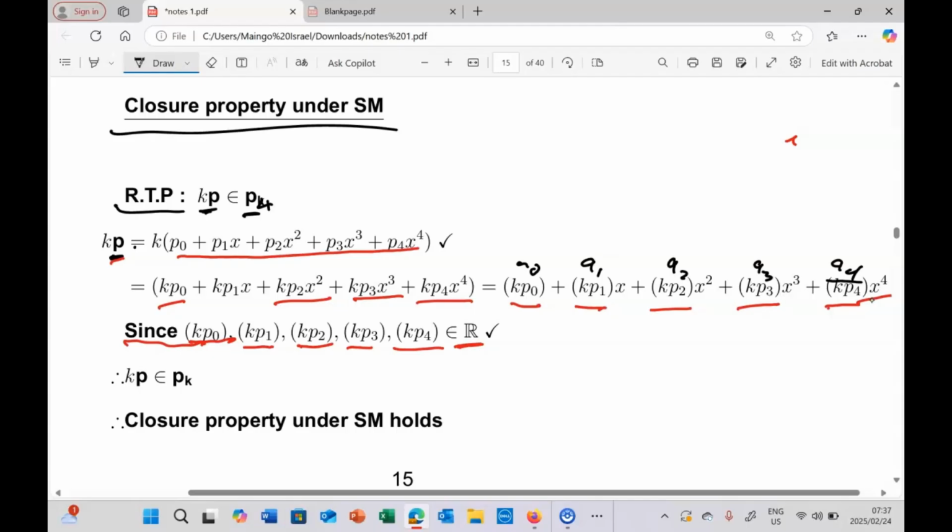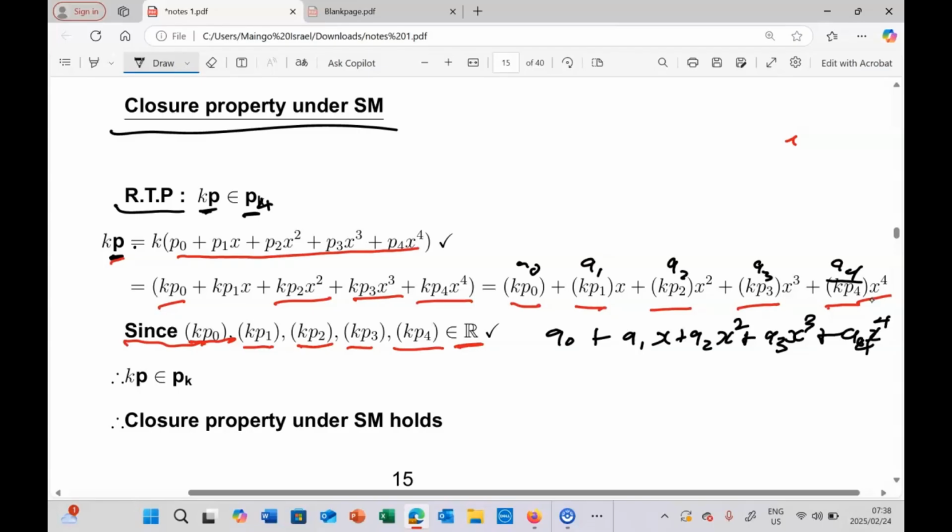This appears also as a polynomial: a naught plus a1 x plus a2 x squared plus a3 x cubed plus a4 x to the power 4. It's a polynomial, you can see.